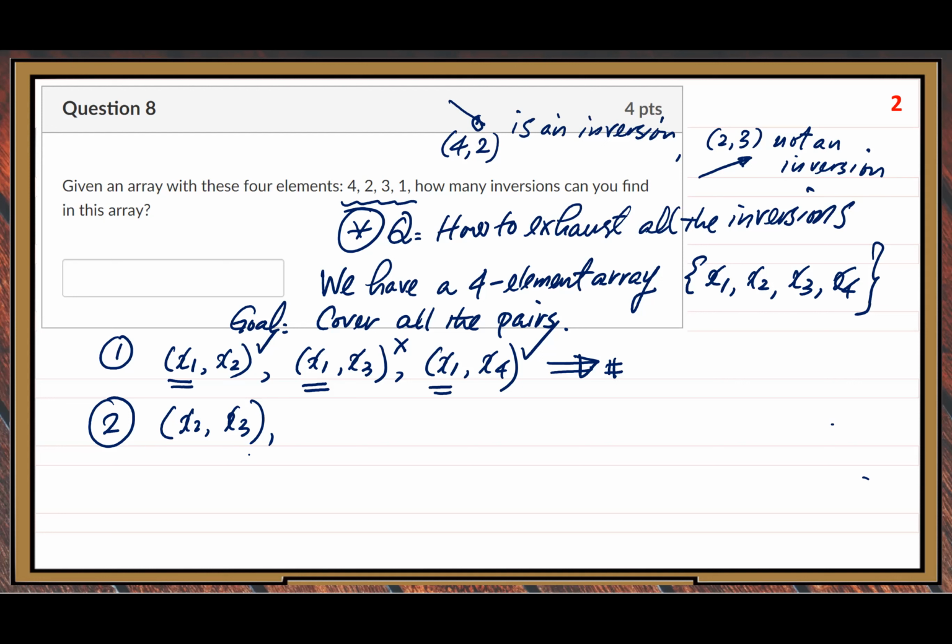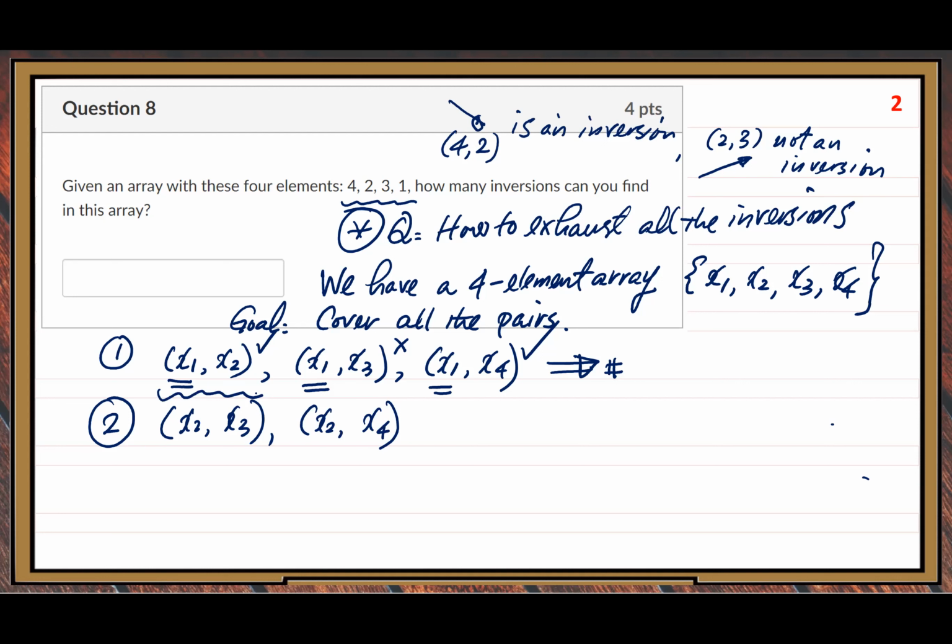So we do not include it. x2, x3 and x2, x4, only two you need to consider, because you only consider x1, x2, but you do not consider x2, x1.